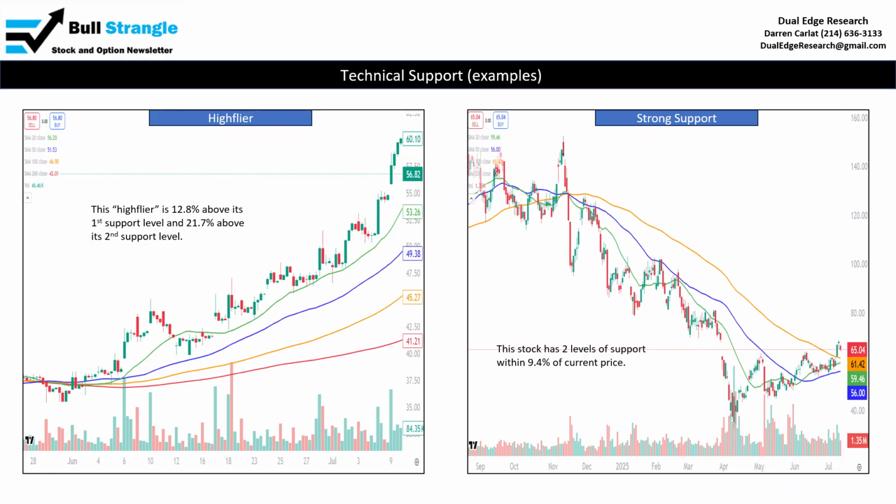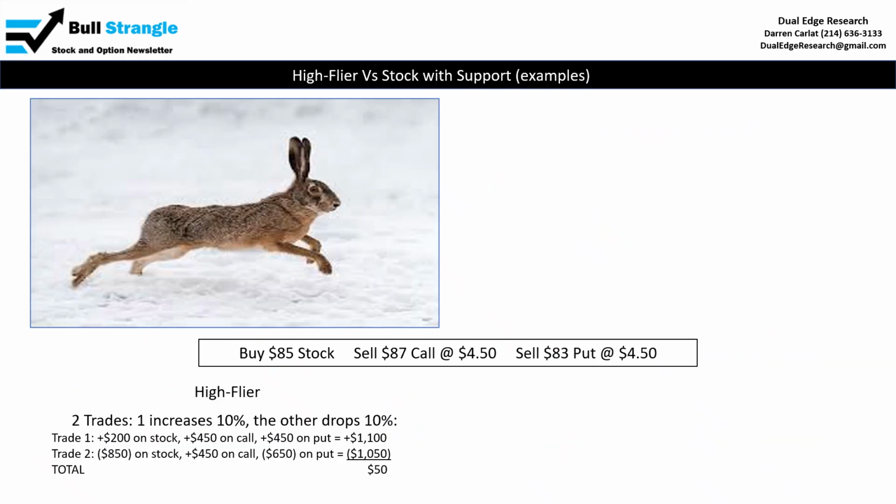The first level and the second level are a combined 9.4% from the current price. So if the market starts to sell off, my learnings and observations have been that these high flyers are going to fall much further than the ones with strong support. And on this next slide, we will show a very good example of how that might manifest.